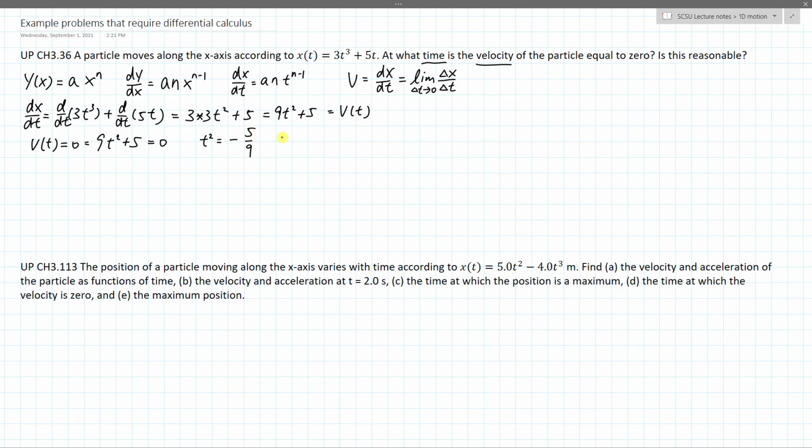So t would be plus or minus the square root of a negative quantity. I guess it is not reasonable, because t cannot be imaginary. As much as I like imaginary and complex numbers as an extension of real numbers, time cannot be imaginary. That's why it is unreasonable.